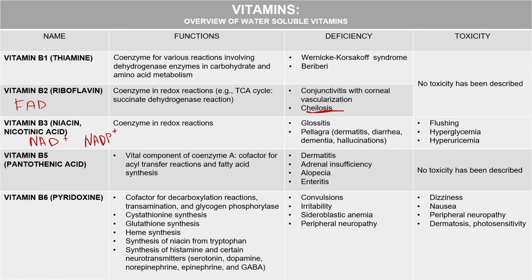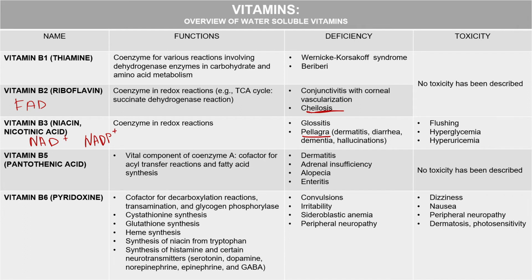The NADP molecule is used in ribose metabolism. So both of them are very important and widely used in all cells. If we have a deficiency in vitamin B3, the patient develops a disorder called pellagra, and you need to know that pellagra is a 3D disease, which are dermatitis, diarrhea, and dementia.